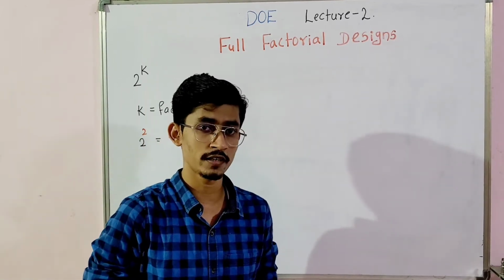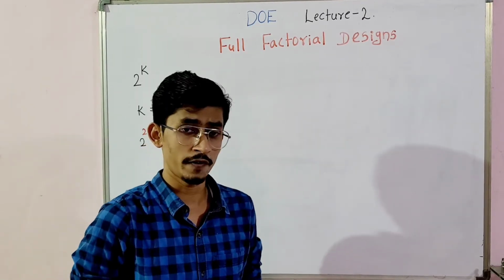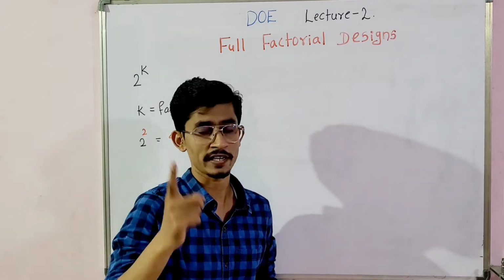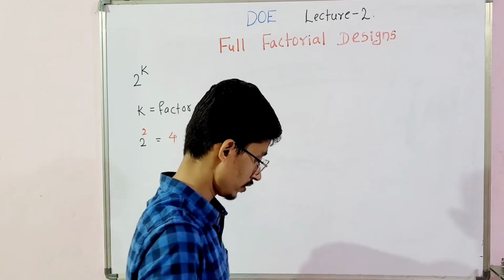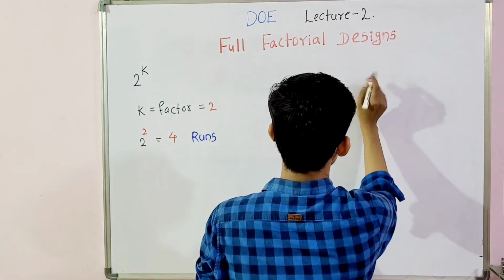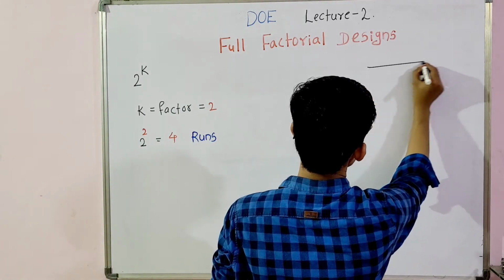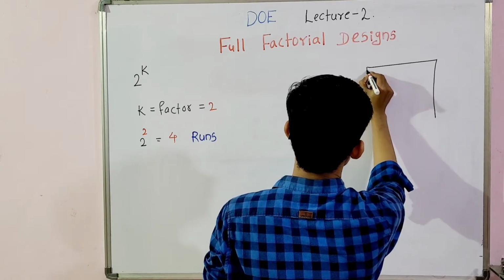So how can we draw a figure if I select two factors, suppose factor A and factor B, as input of that process? I can choose two factors like this.